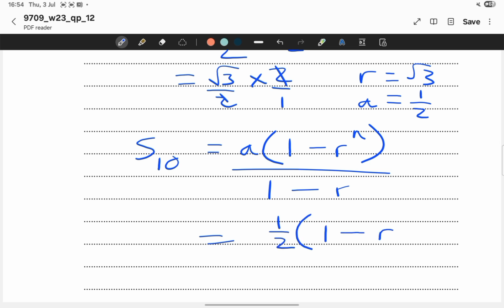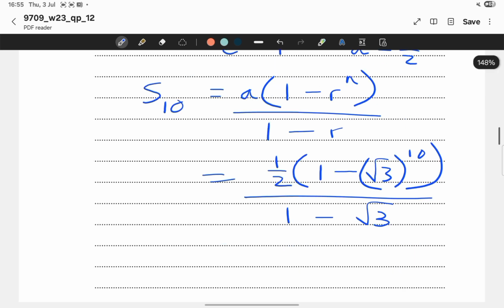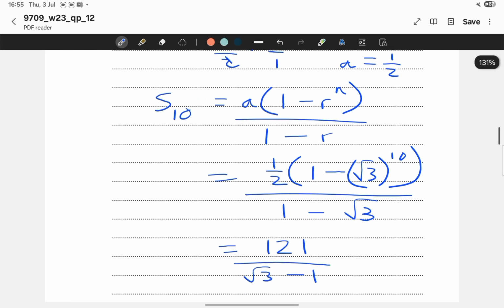Okay, we're substituting it now, so in place of r, it's now root 3 to the power 10 over 1 minus root 3. And this expression simplifies to 121 over root 3 minus 1, which is in this form, b over root c minus 1. Right?